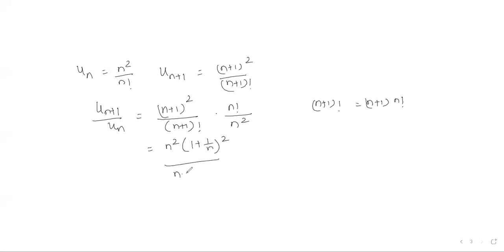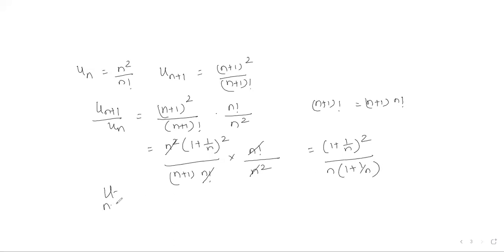In the denominator, I can write n plus 1 into n factorial, then into n factorial by n square. So I can cancel n square, n factorial also I can cancel. And in the denominator, if I take n outside, I can write 1 plus 1 by n.